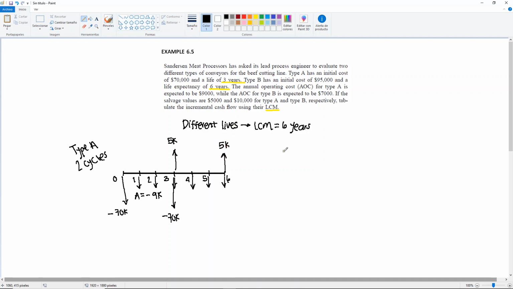Now let's do Type B. Type B is already 6 years, and our LCM is 6 years, so that means that we only need one cycle for Type B. So we're going to have year 0, 1, 2, 3, 4, 5, and 6.